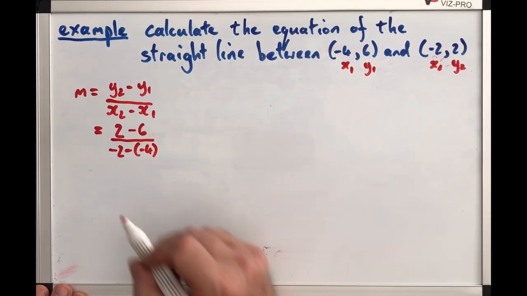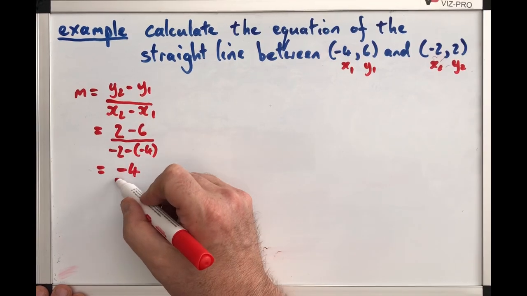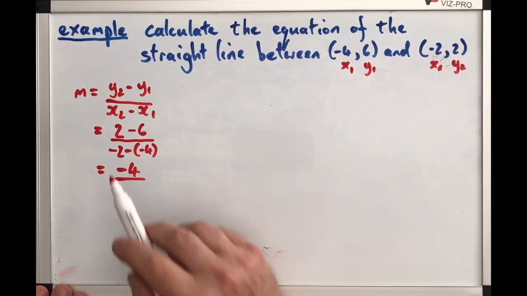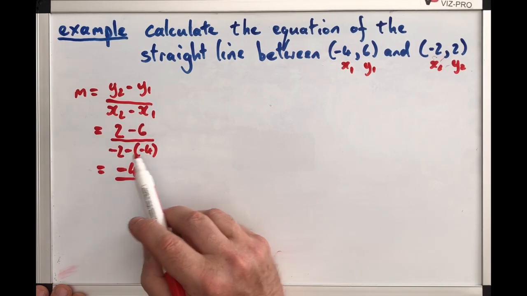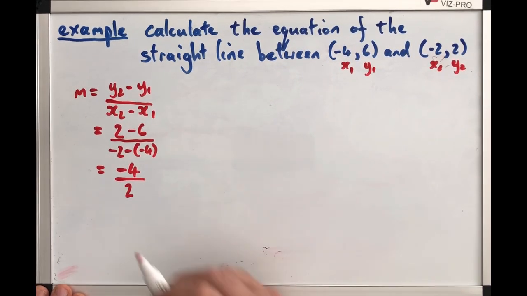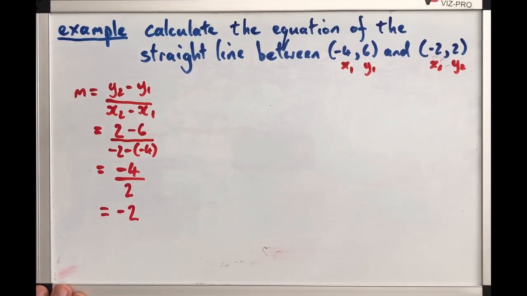The top line gives us minus 4. The bottom line gives us minus 2 plus 4, which is plus 2. So it gives us minus 4 over 2, which works out to minus 2 as the gradient. Be careful with your negatives when you're doing this.